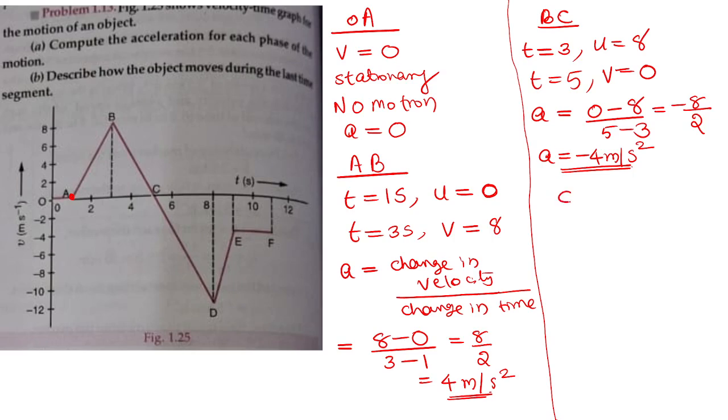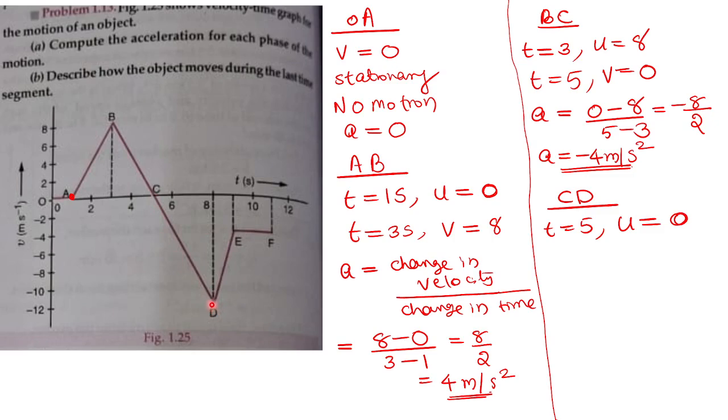Now the remaining steps are easy, but let me complete it. CD: at C, time equal to 5, velocity 0. Then D, the final point.